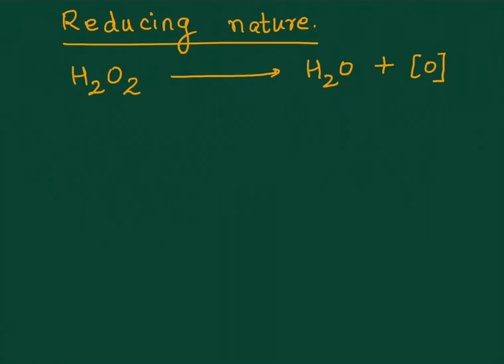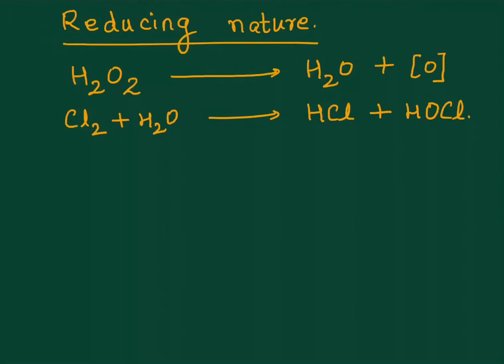So let's suppose I'll talk about reducing nature of hydrogen peroxide with, let's say, chlorine water. Now, chlorine water, that's moist chlorine, giving us HCl and hypochlorous acid. Have you all done this reaction?